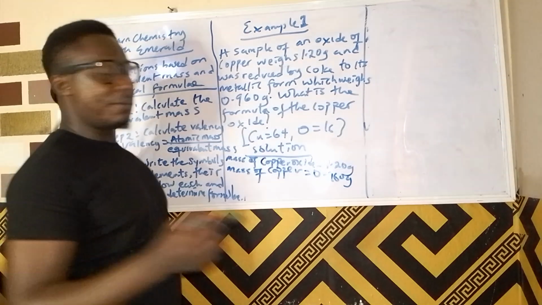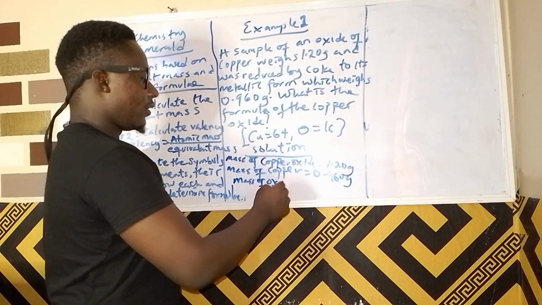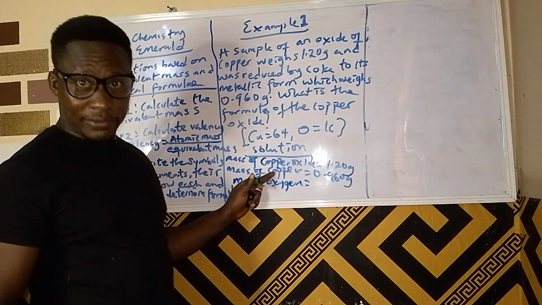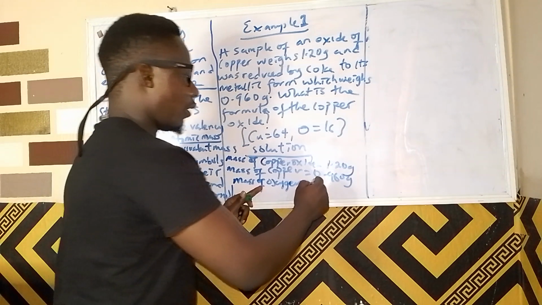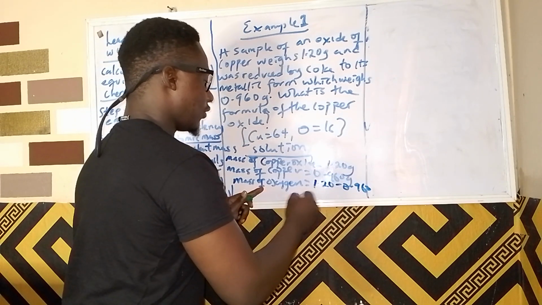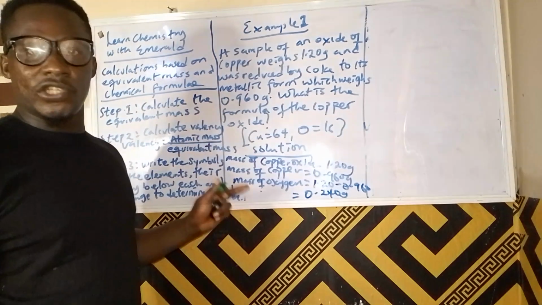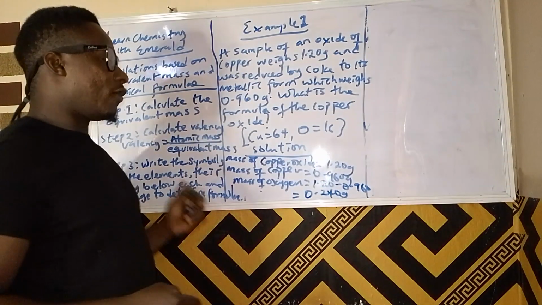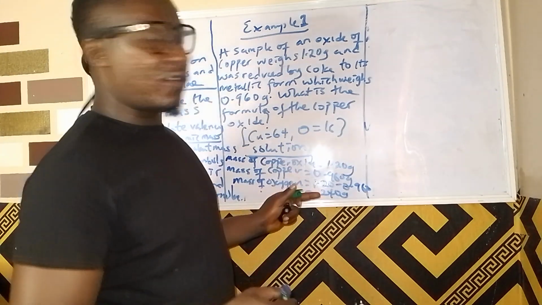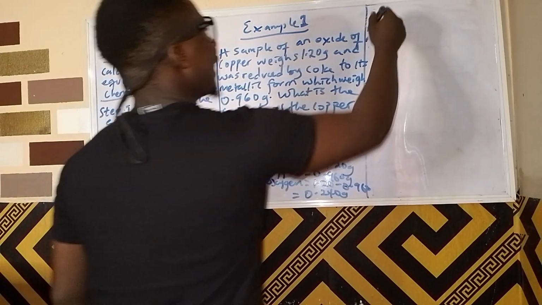Therefore, the mass of oxygen will be equal to the mass of copper oxide minus copper. That's how you get the mass of oxygen. That's 1.20 minus 0.960, and then you're going to have 0.240 gram. So the mass of oxygen from here is 0.240 gram.